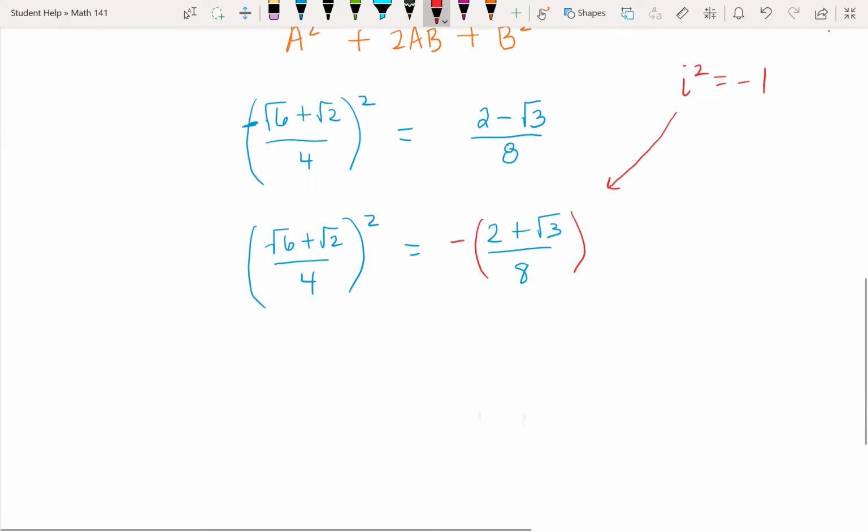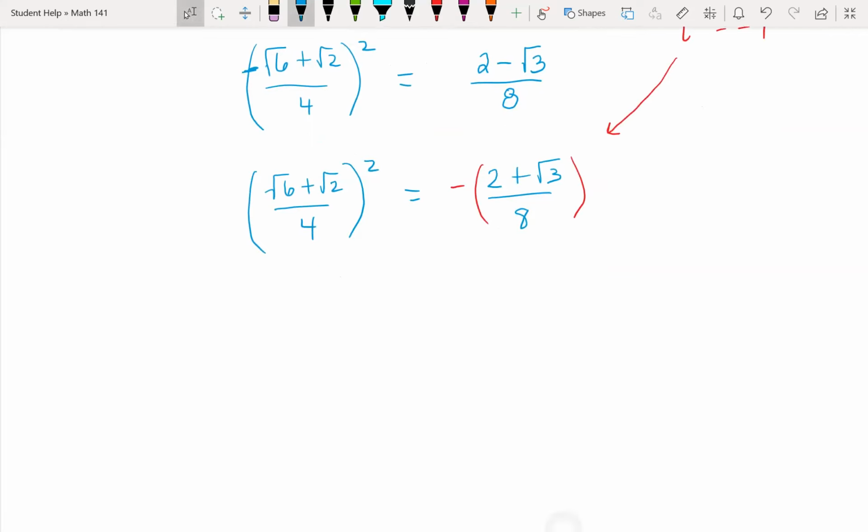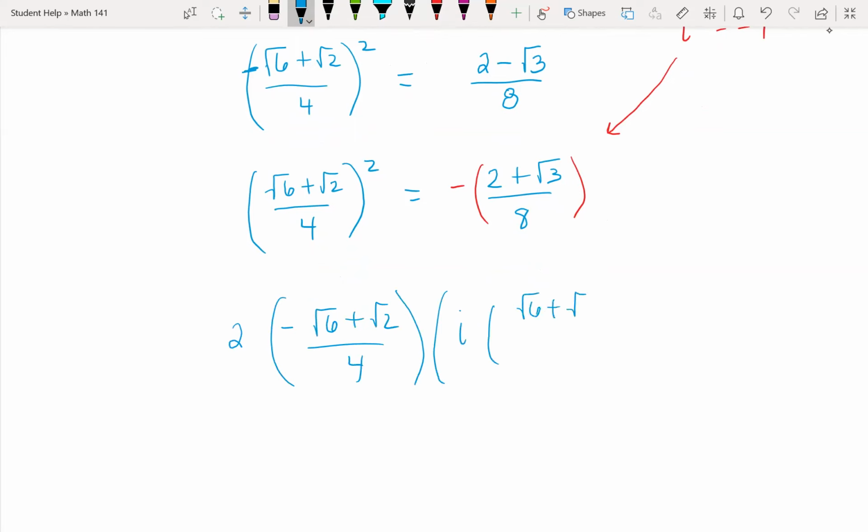And then the last part, which is the most complicated, is multiplying the two of them together and doubling it. So I have 2 multiplied by negative root 6 plus root 2 over 4, times i square root of 6 plus square root of 2 over 4. Right? This whole thing is multiplied together.